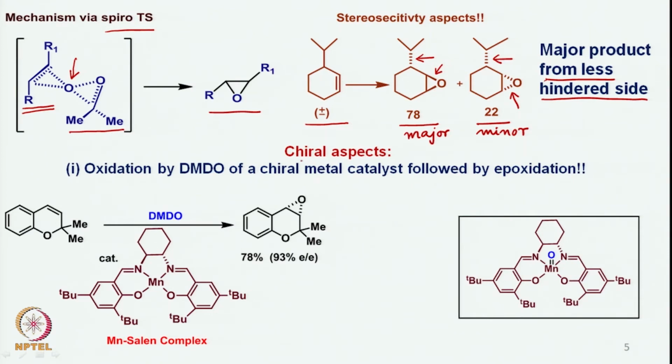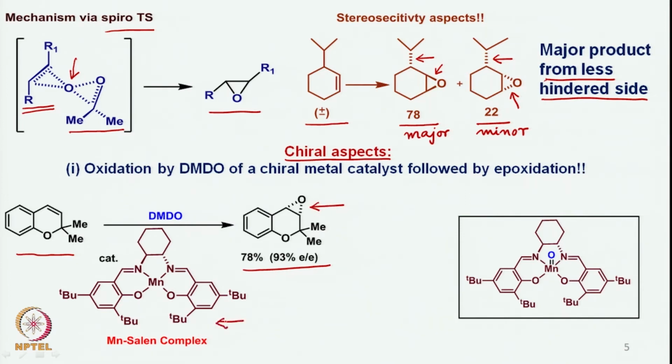Now what do we do to make the epoxide chiral? What are the ways by which we can use this dioxirane to get chiral epoxides? There are two ways by which one can do it. For example, if this is the olefin that is taken and we want to convert it into the corresponding epoxide in a chiral fashion, what has been utilized here is a manganese salen complex.